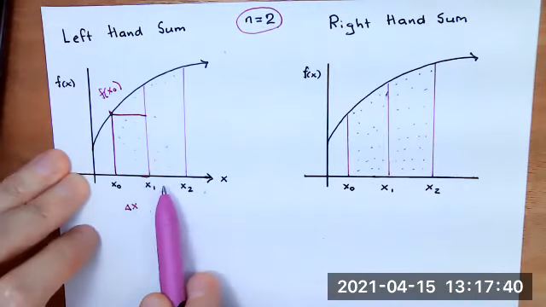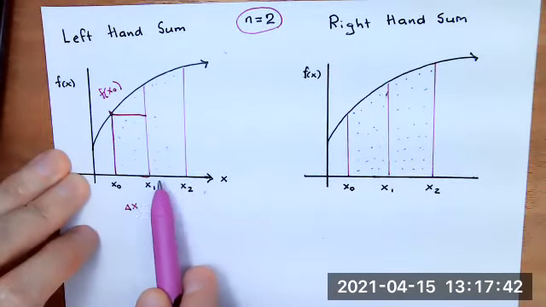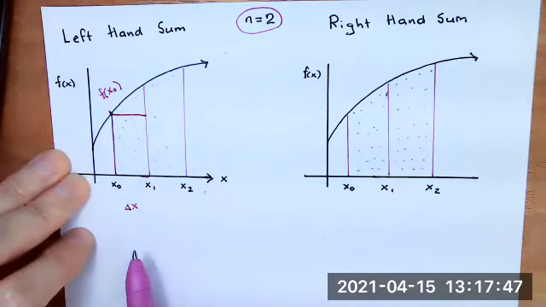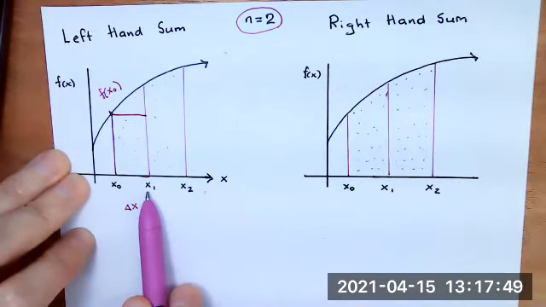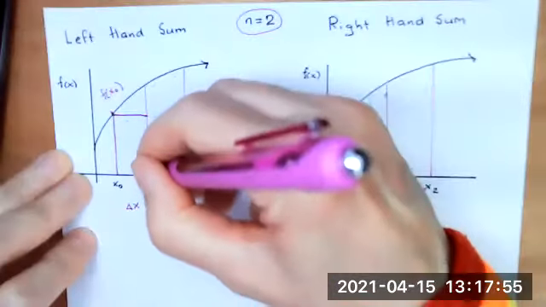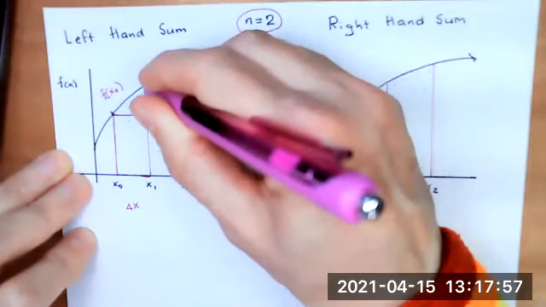For the next interval between x1 and x2, are we going to plug in x1 or x2? If you said x1, you would be correct.